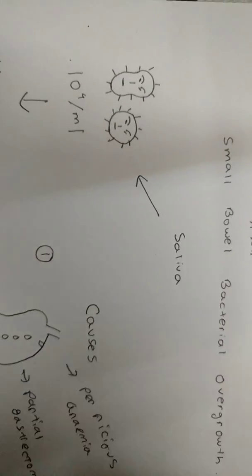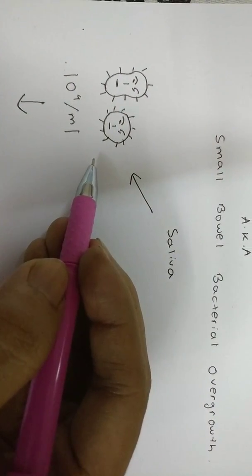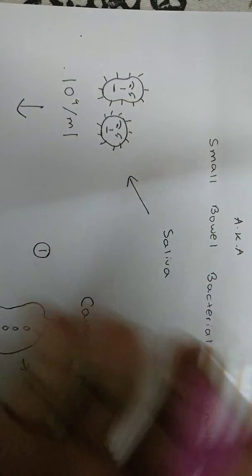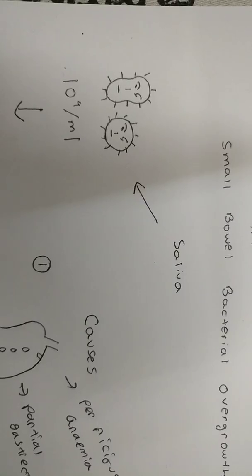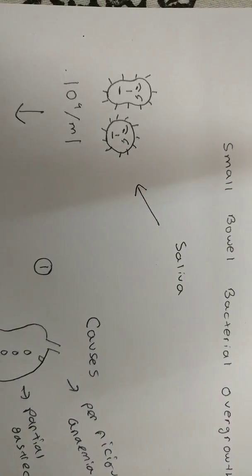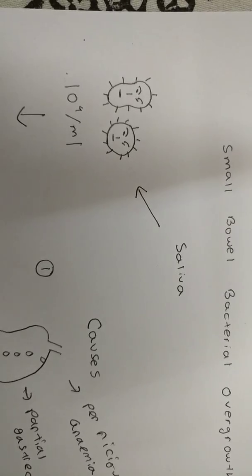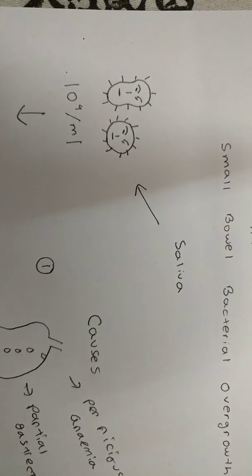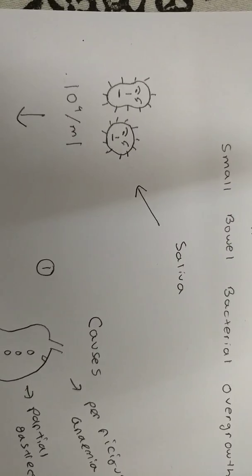Now, the thing about this colonic bacteria is that these provide very beneficial effects to our body. They help in various immunological processes, and they also help us in absorption, digestion, and various other benefits. They have a lot of beneficial roles.